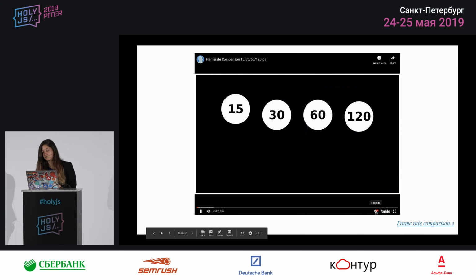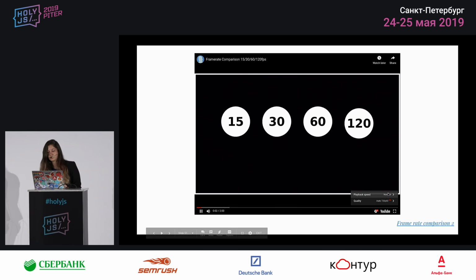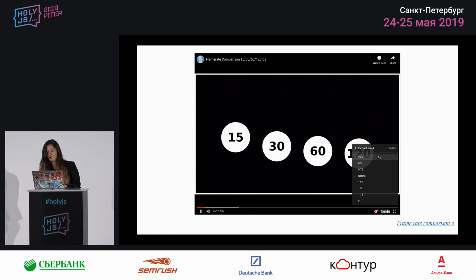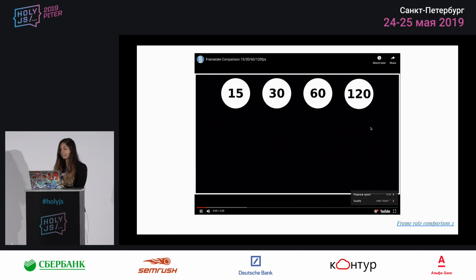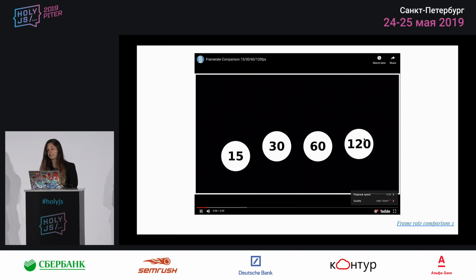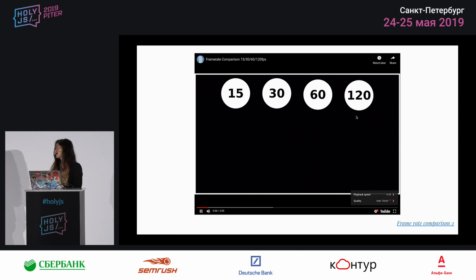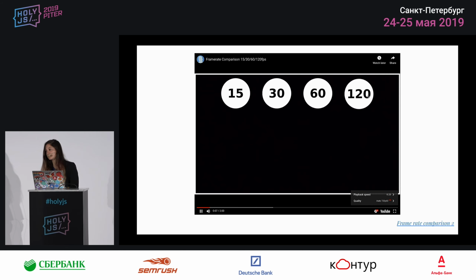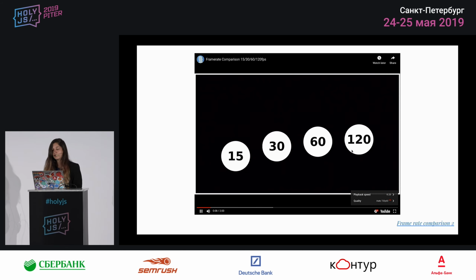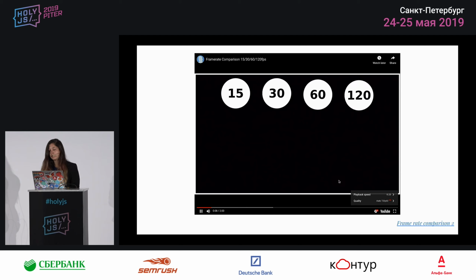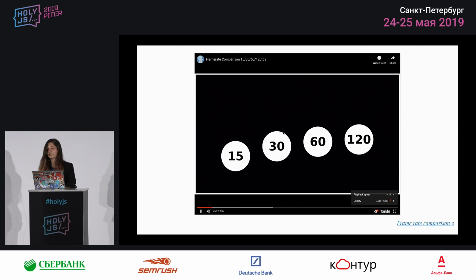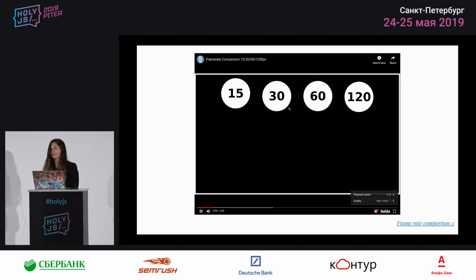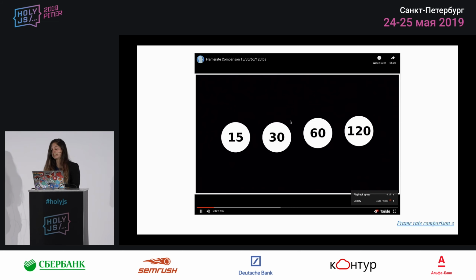And I'm going to set the speed to the slowest possible one so that we can clearly see the difference. We have an animation running at 120 and 60 frames per second, which is here essentially the same because the device is running at 60 frames per second refresh rate. And the animation is pretty smooth. When we have an animation running at 30 frames per second, you can notice the slight lag that we see.